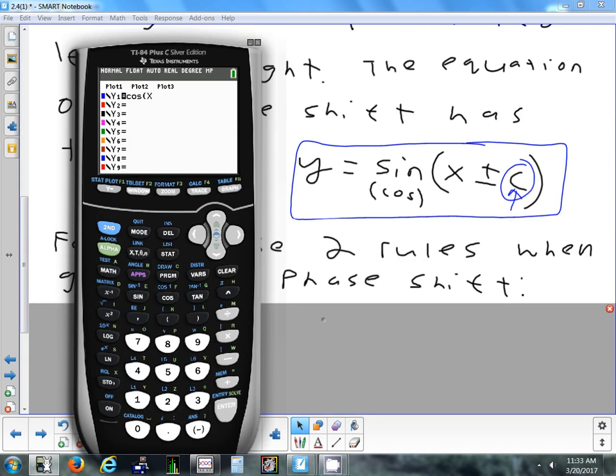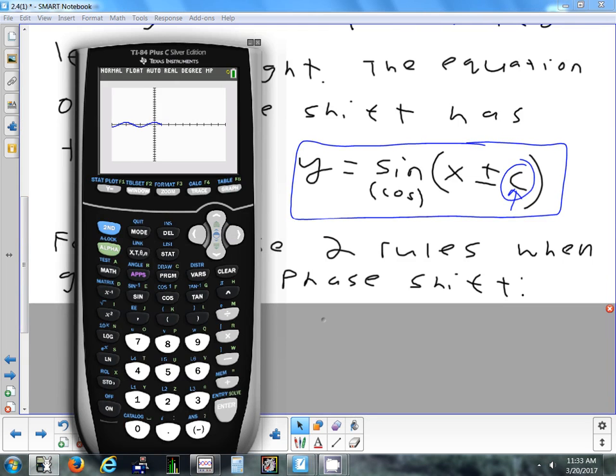I'm going to keep it simple. I'm not even going to use pi, just small numbers. Let's take cosine x and cosine x plus 40. What I'm doing in this problem is not something you'll normally do. I'm going to shift it 40 degrees, and I want you to see if you can tell me, did I shift it 40 degrees left or right?